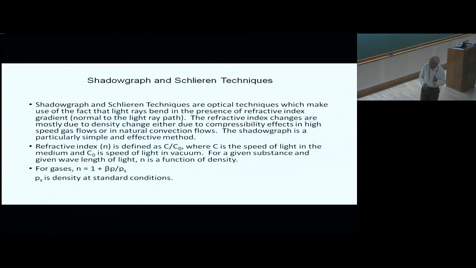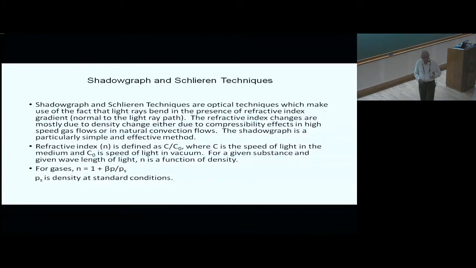So Shadowgraph and Schlieren techniques are those which are based on changes in refractive index. Basically, if there is a gradient in refractive index, the light rays bend, and you use that to visualize the flow. And it's used in two types of flows.